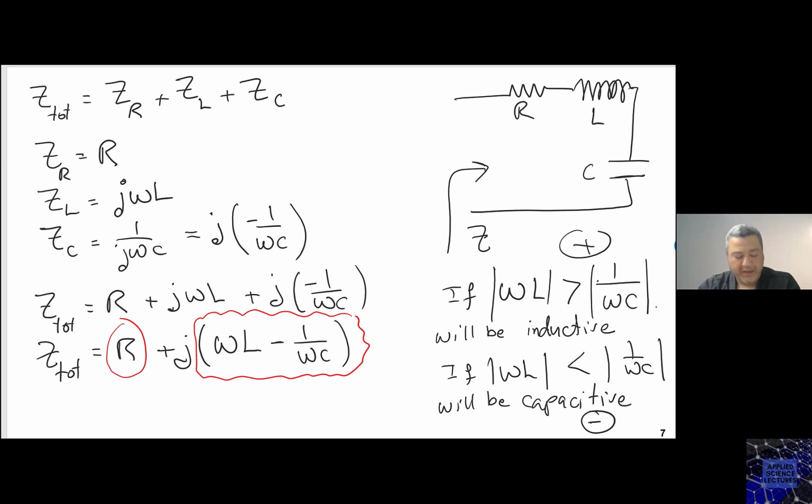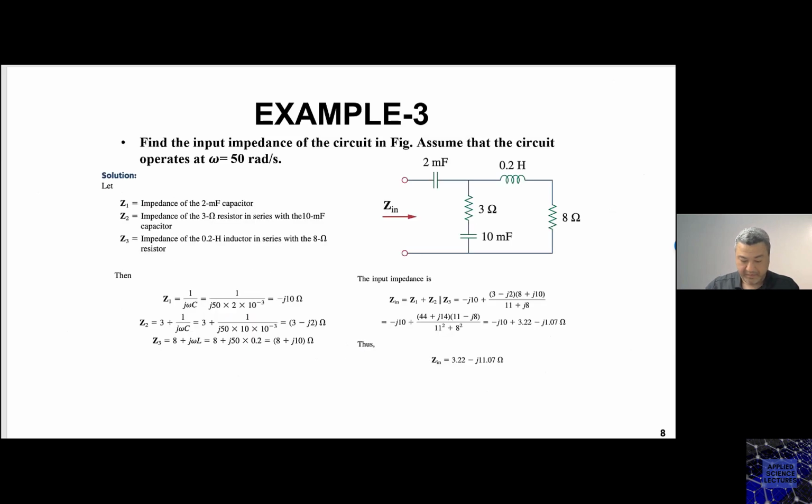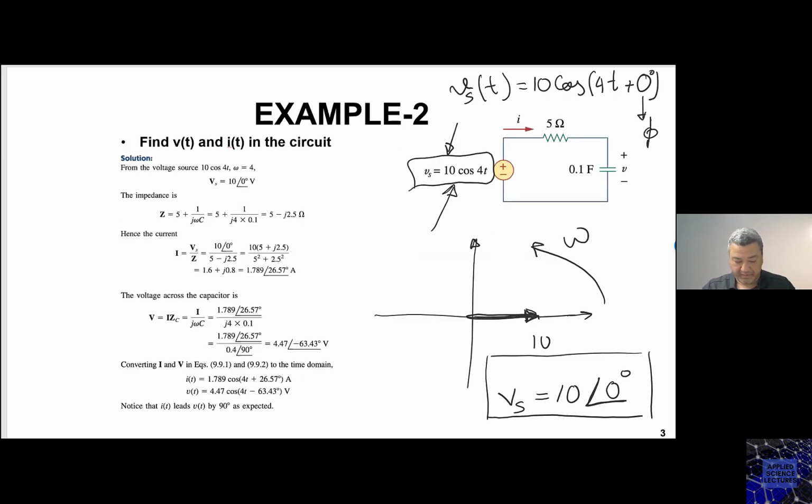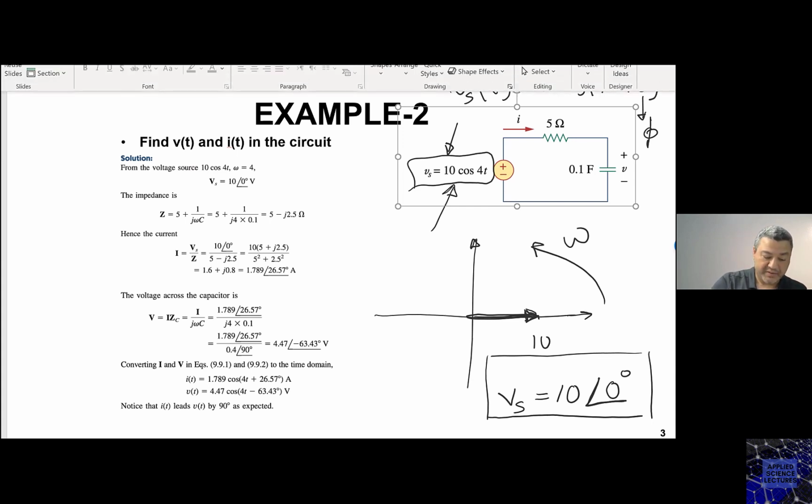Okay, so let's move on now and talk about that example that we started with. We need to find VT and IT for that example.